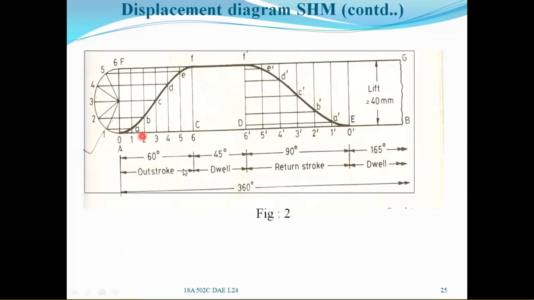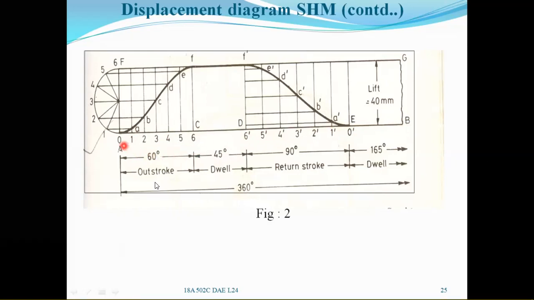And 60 degrees here is 20 mm, AC, the outstroke. For 45 degrees it is 15 mm, and 90 degrees is 30 mm. This is the outstroke and dwell, and this is the return stroke, and the remaining part is the dwell period.